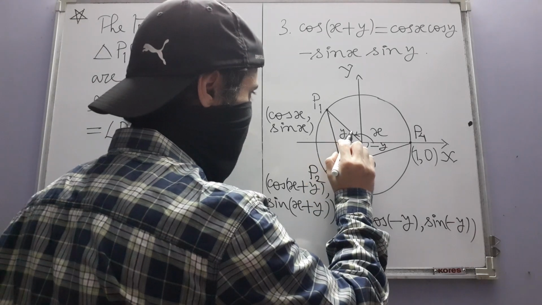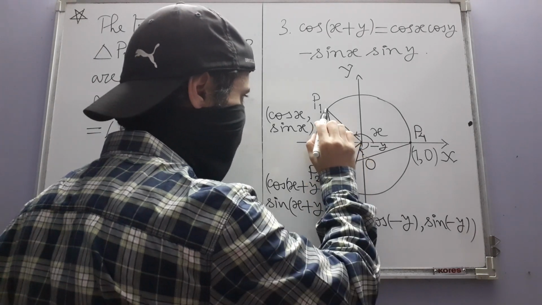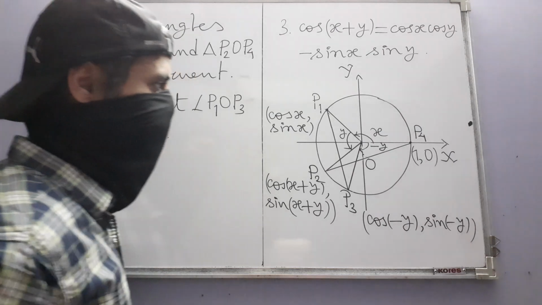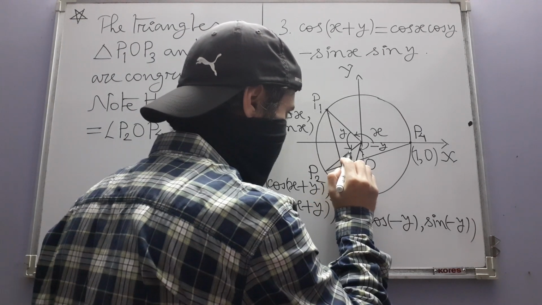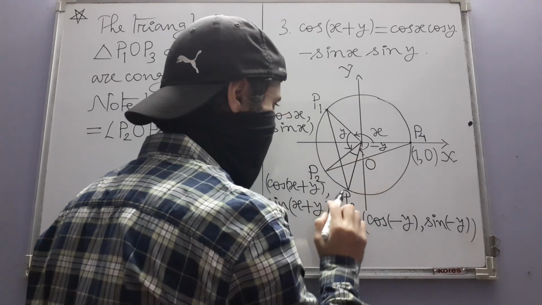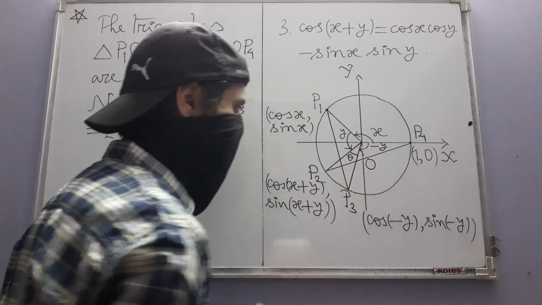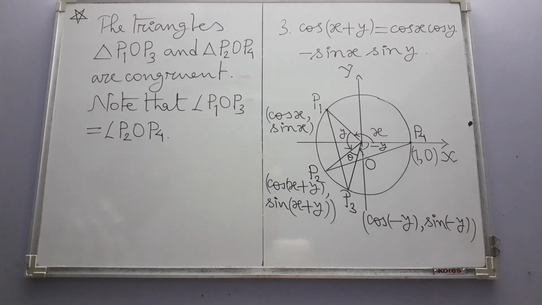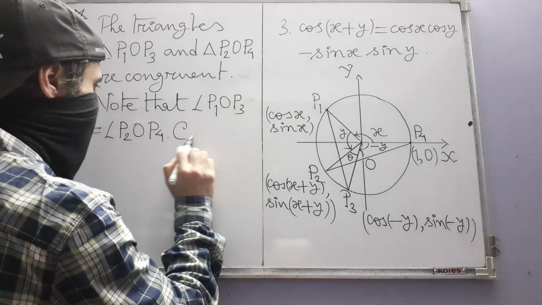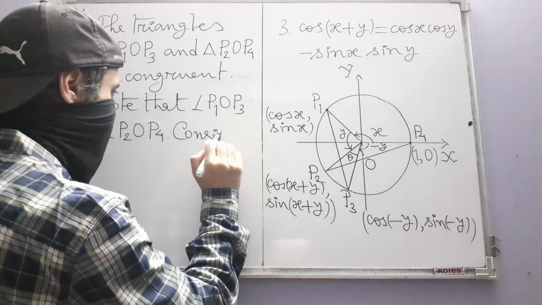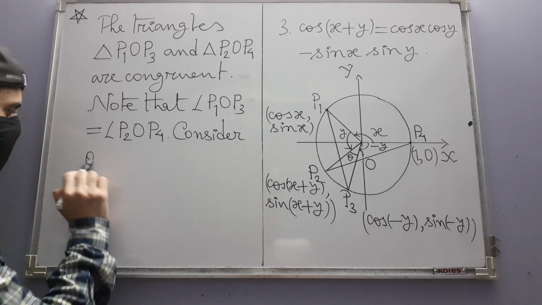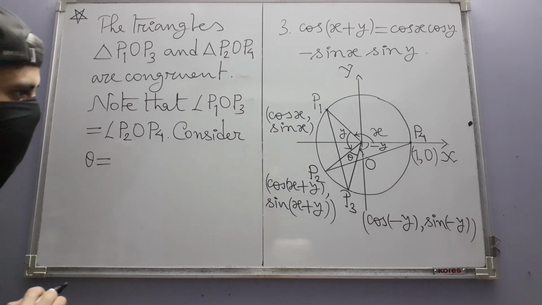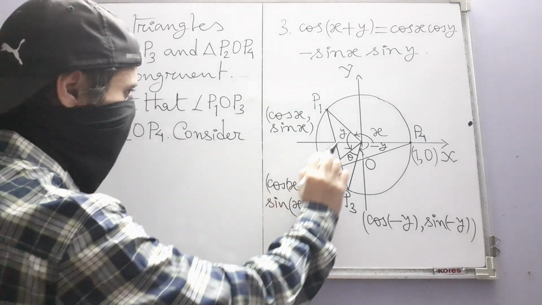One of them is this y, which is P1OP2, and the other one is this small angle which comes after that. Let us call it theta. Consider the angle theta, which is P2OP3.